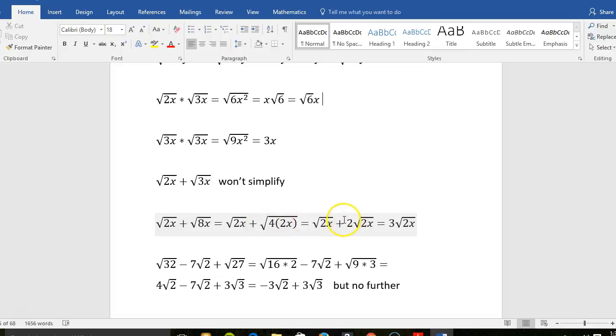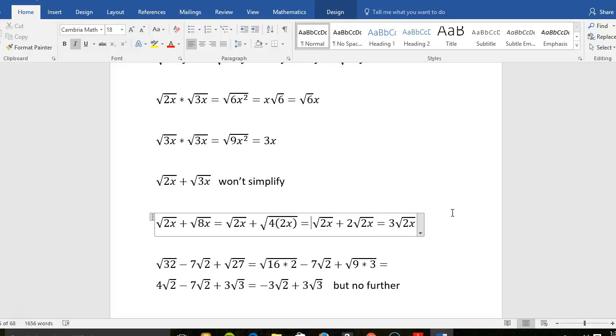So that 4 turns into this 2 right here that's outside. So I get radical 2x with an understood 1 right here, which you can put there, but we rarely do. So we got 1 rad 2x plus 2 rad 2x, that equals 3 radical 2x. And by radical, I mean square root.